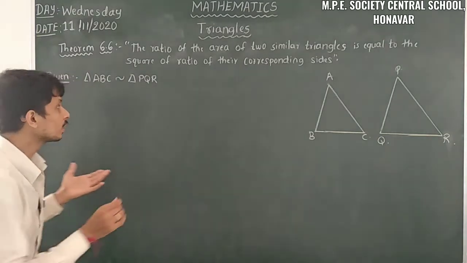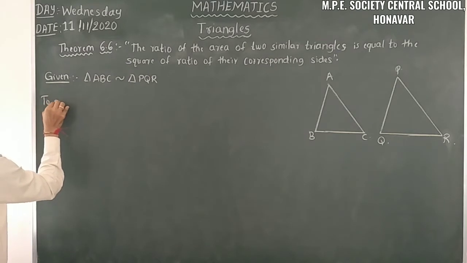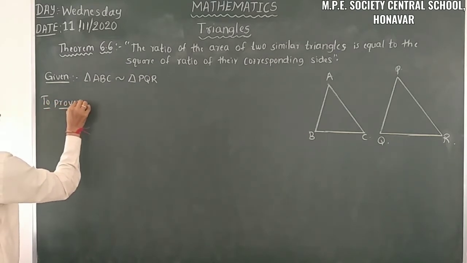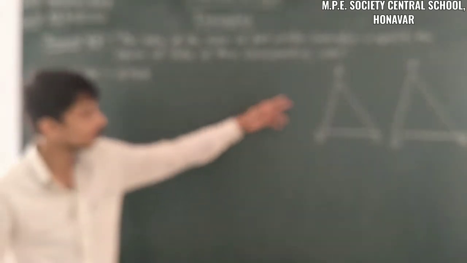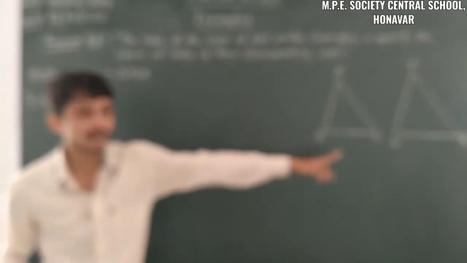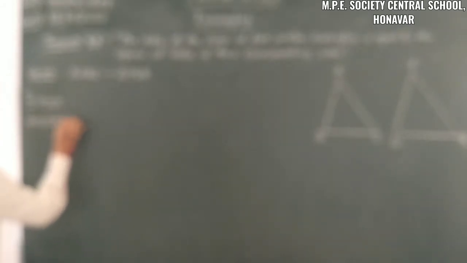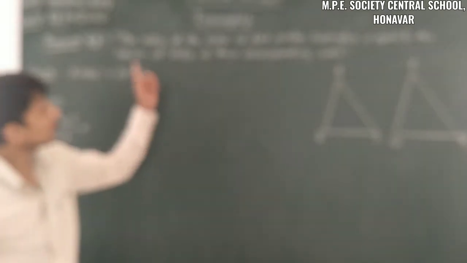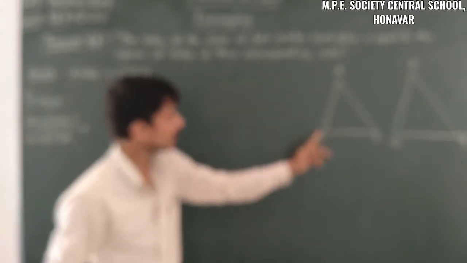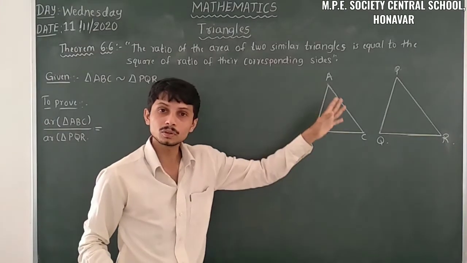Then what do we have to prove here? To prove, that means the ratio of areas of similar triangles. That means we have to take the ratio of area of triangle ABC and area of triangle PQR. That is area, so I will write ar only here. ar of triangle ABC divided by ar of triangle PQR is equal to the square of the ratio of the corresponding sides. That means AB and PQ are corresponding sides.